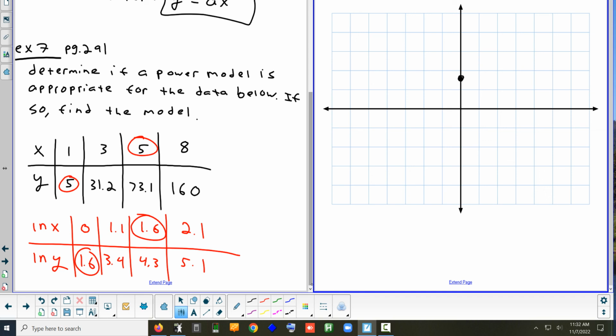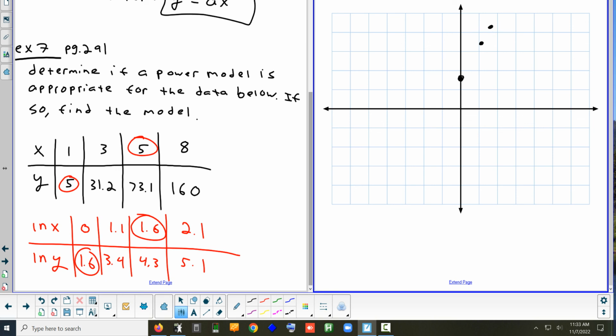We've got 1.1, 3.4. 1.6, 4.3. Maybe about right there.